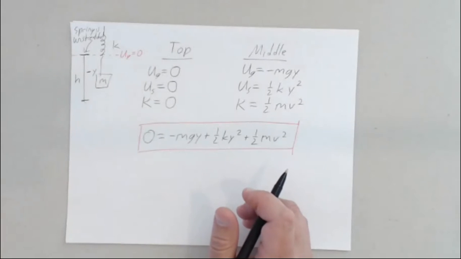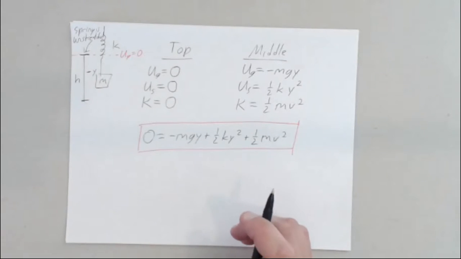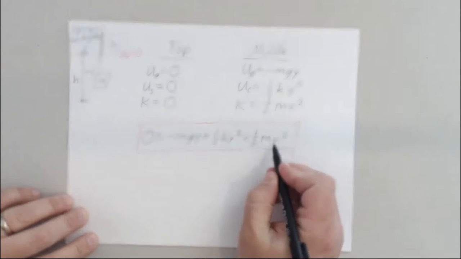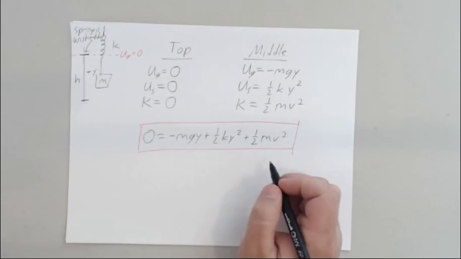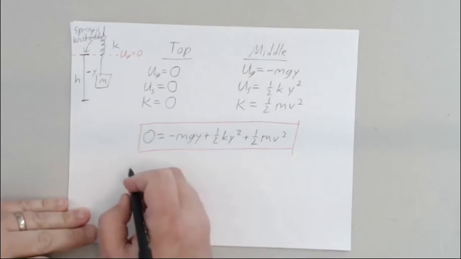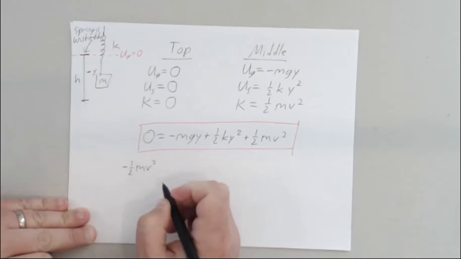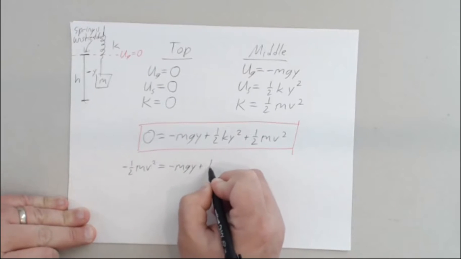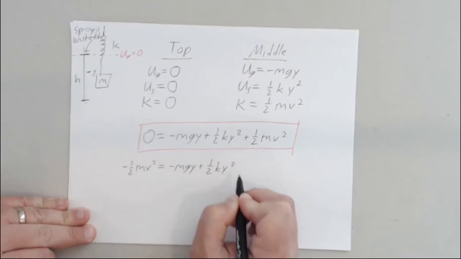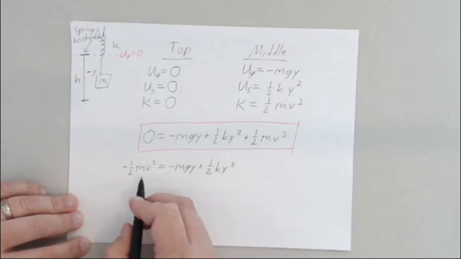So the second part of the question asked for the ball's velocity as a function of its position. Okay, well, I can do that. That means I need to solve for velocity. So let's move velocity to the other side. I get negative 1/2 mv squared is equal to negative mgy plus 1/2 ky squared, right?